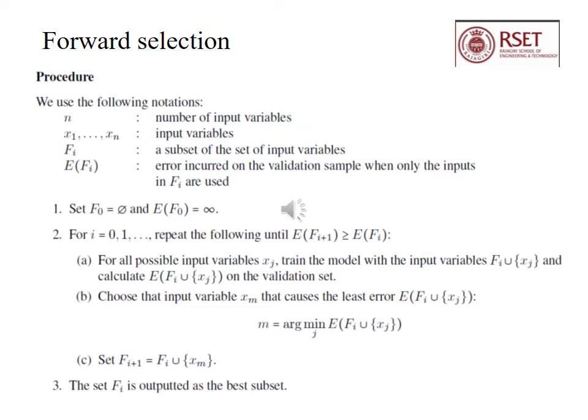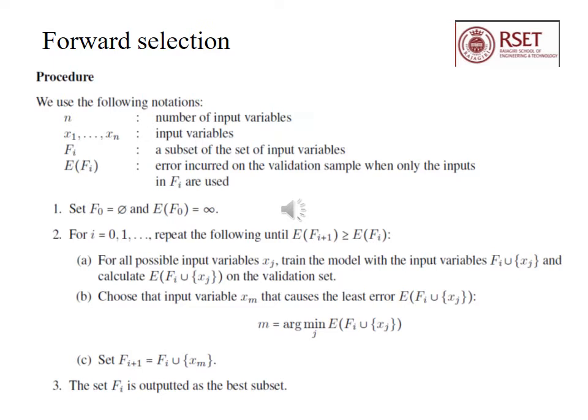In the initial case, we start with the subset of input variables as null and the error as infinity. And we repeat the following until the error of the next one is greater than or equal to the error of the previous one, that is, E of Fi+1 and E of Fi.